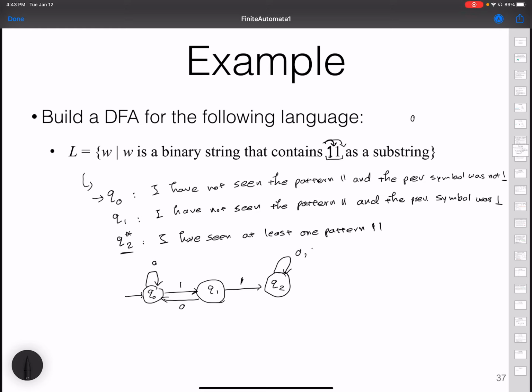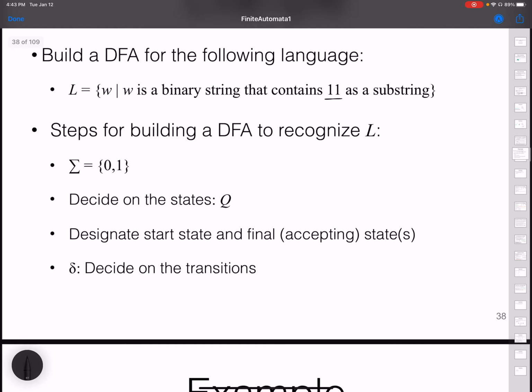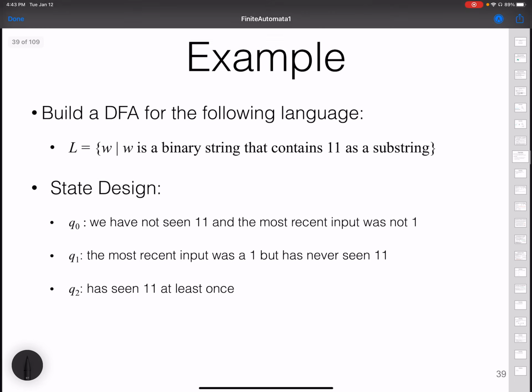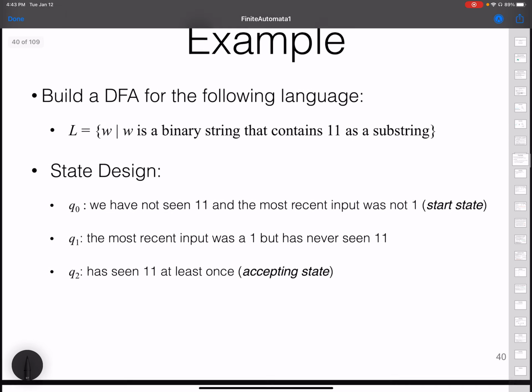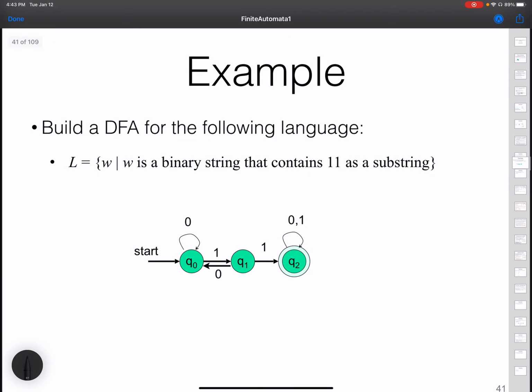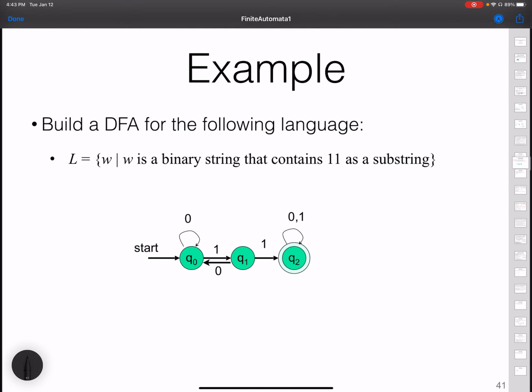For 0 and 1, you should stay at state Q2 and mark it as a final state as well. So that's it. This is going to be the DFA for this language. Here is our design. And we mark the start and accepting state, and we draw the state diagram.